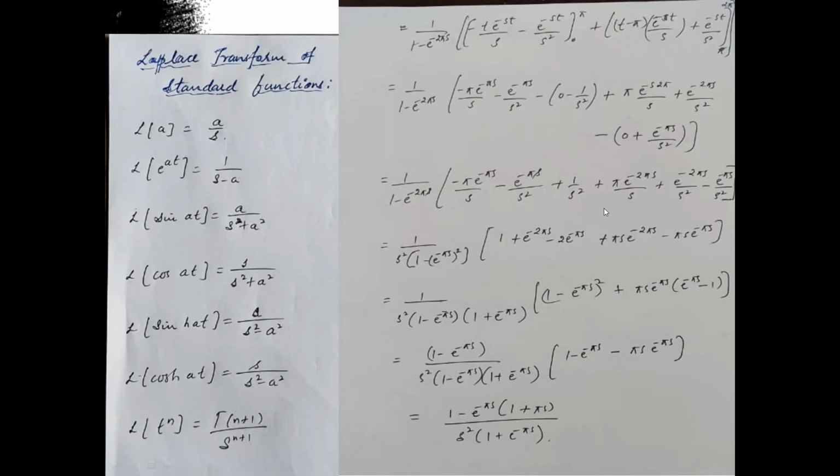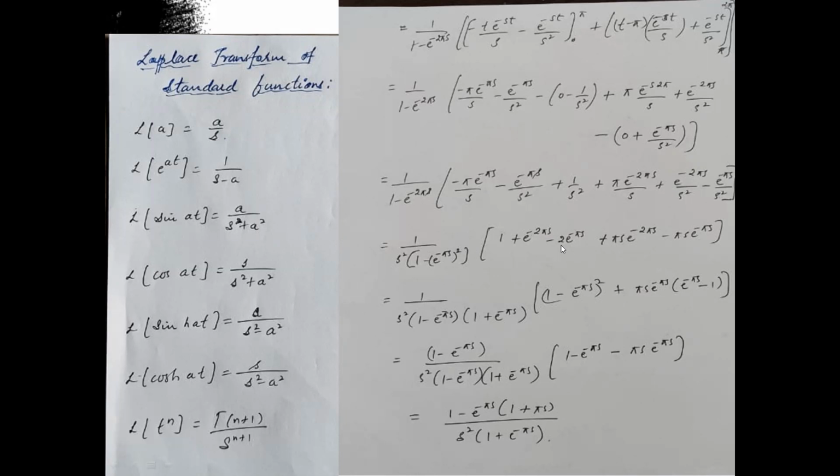We'll take LCM. Everywhere you have s and s square, so LCM will be s square. Now 1 is written first. Then e raised to minus 2 pi s, this term. Then e raised to minus pi s with minus sign, and again e raised to minus pi s with minus sign. Both are divided by s square.